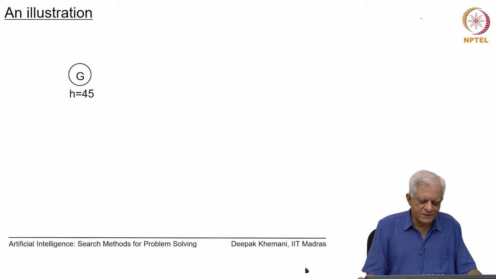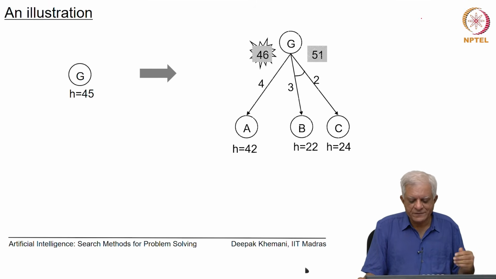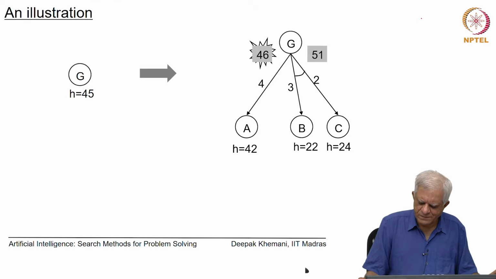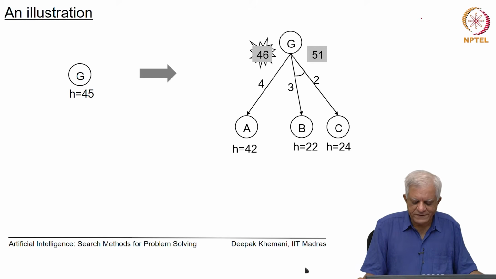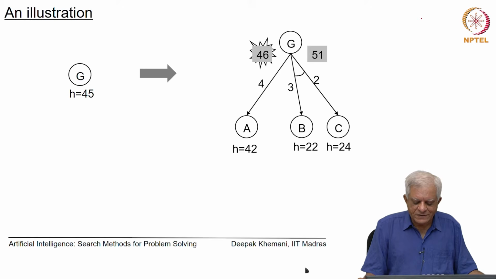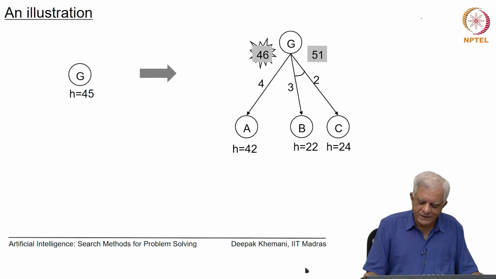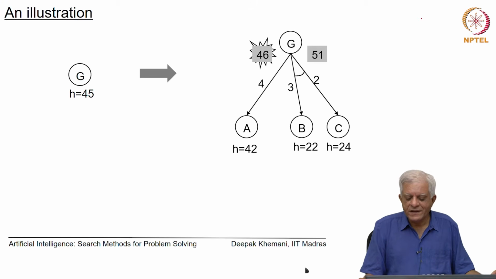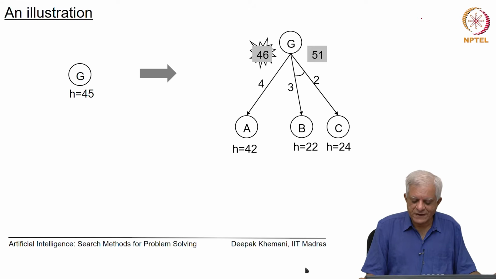So, you start solving this, refine this, and let us say that you come up with two ways of solving it. One is, as we said earlier, that either you reduce it to A or you reduce it to B and C to be solved together. Let us assume that the heuristic values of A are 42 as shown here, and B is 22 and C is 24, and we have given some edge cost to that as well.